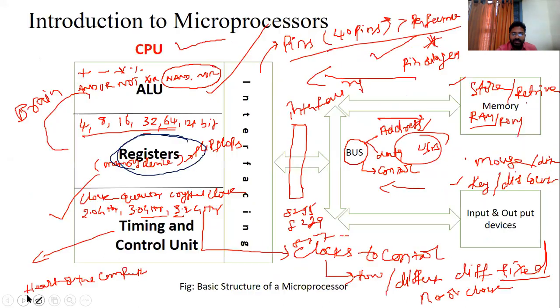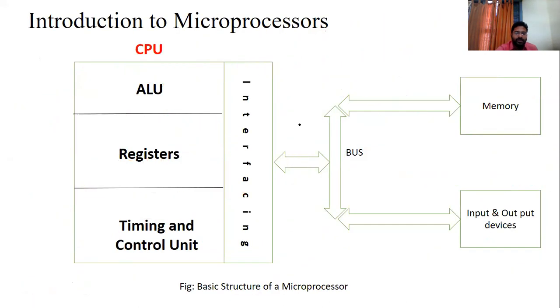Come back to this diagram. You can see this diagram. So what is this memory size? 1 MB. Remember, 1 MB. You know that the 8086 memory size is 1 MB.